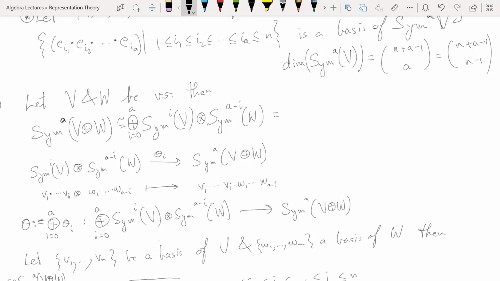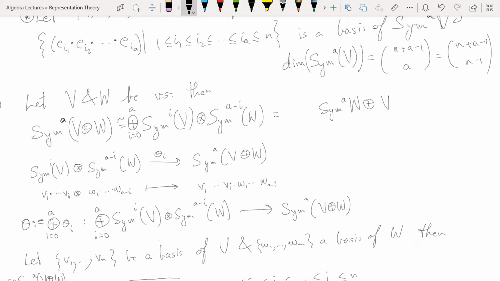If i is 0, then Sym^0 V, remember, is just K. So it is K tensor Sym^A W, which is the same as Sym^A W, since tensor with K doesn't do anything.